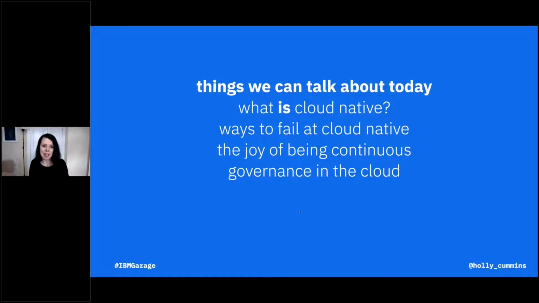And then as well, what are some of the things that I think people should be doing, like doing continuous delivery? And then there's some things that are just really hard to get right, and I'm not sure there is a right answer, like governance. How do you do governance in the cloud in such a way that it's not just really oppressive, but you don't end up with the problems that would happen if everybody just did their own thing?